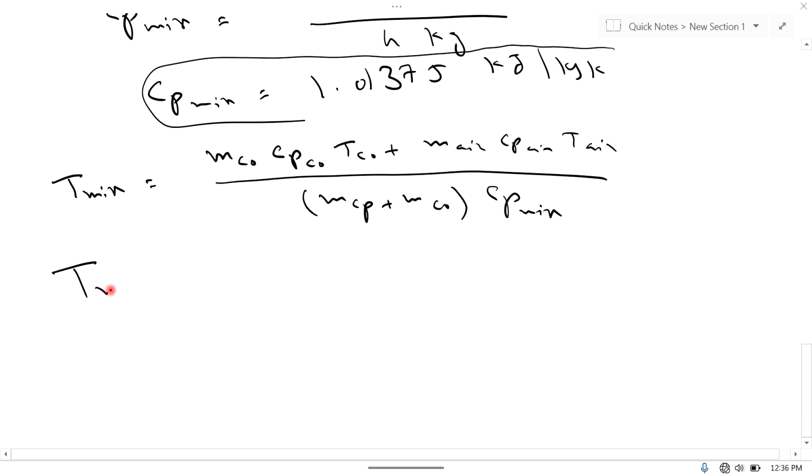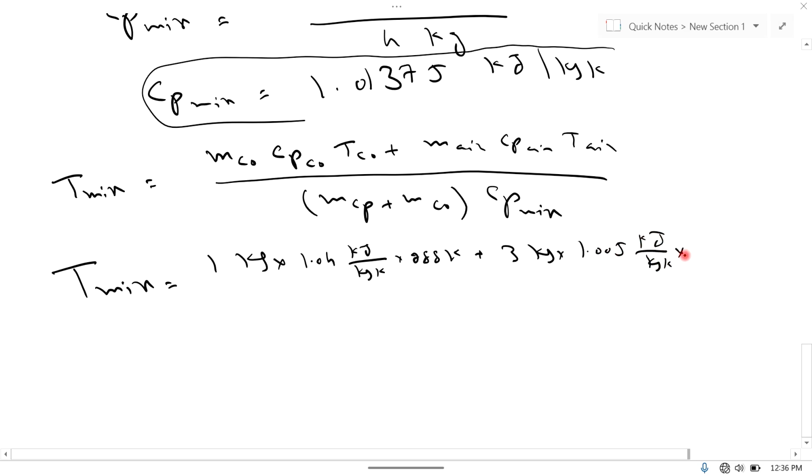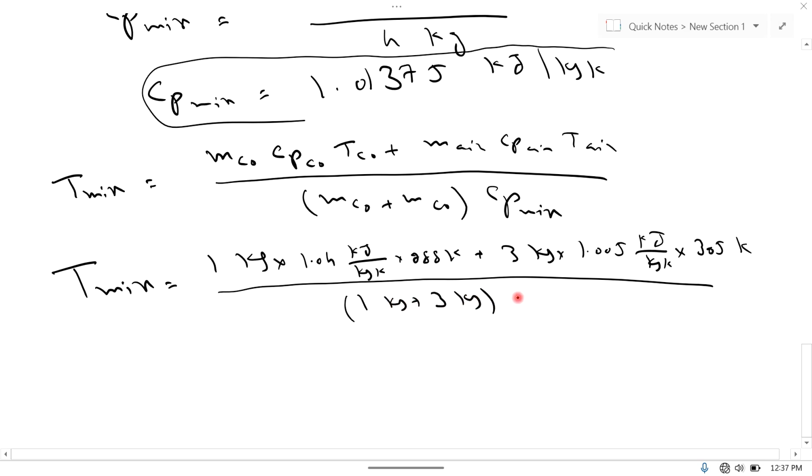Putting values: mass is 1 kg, Cp of carbon monoxide is 1.04 kilojoule per kilogram per Kelvin, temperature of carbon monoxide is 288 Kelvin, plus mass of air is 3 kg multiplied by Cp of air 1.005 kilojoule per kilogram per Kelvin, temperature of air is 305 Kelvin, divided by mass of carbon monoxide 1 kg plus 3 kg into Cp of mixture, which is 1.01375 kilojoule per kilogram per Kelvin.